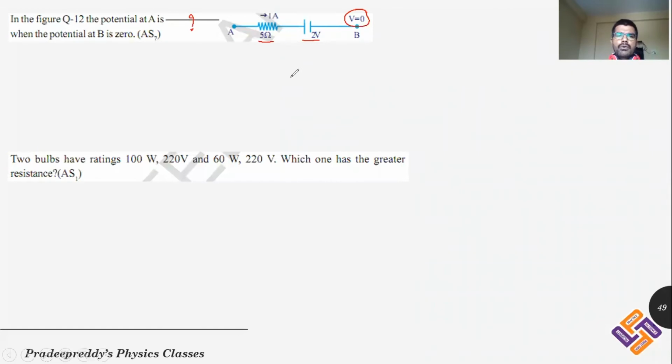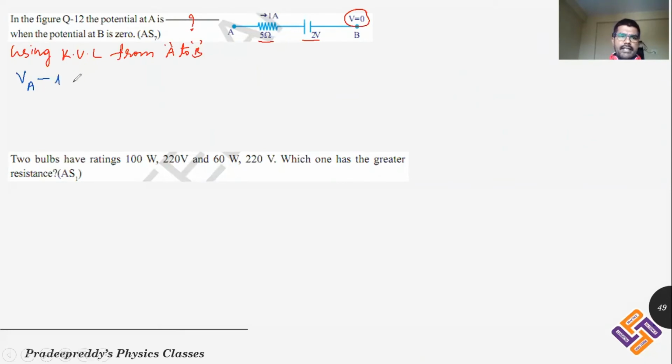In order to find out voltage, we will just write Kirchhoff voltage law from A to B. So start from A. I can write it as voltage at A minus current in this circuit is 1 ampere and resistance in the circuit is 5 ohm.